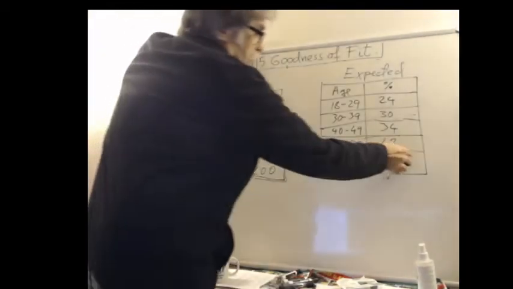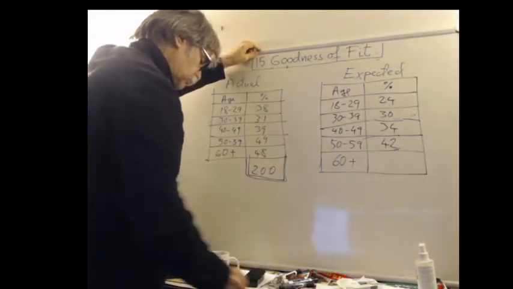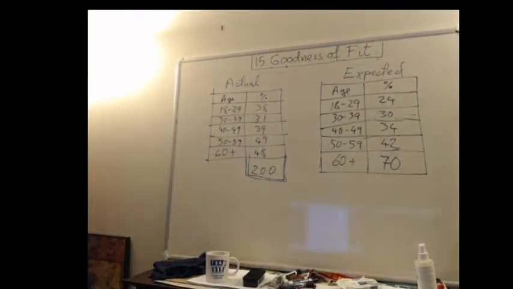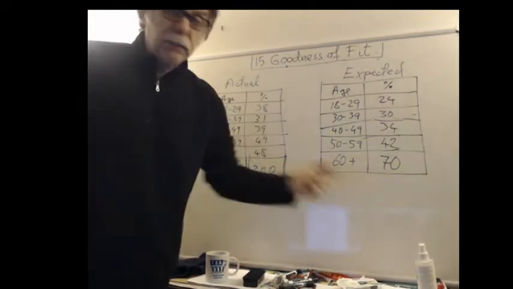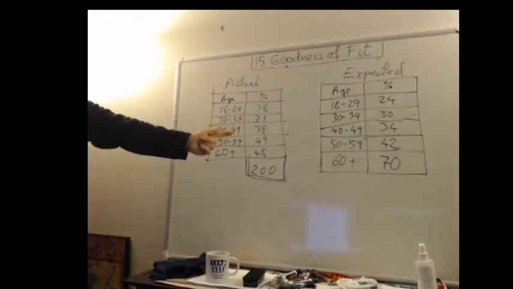And 35% out of 200 would be 70. Right? So this is what I expected to get, but this is what I got.